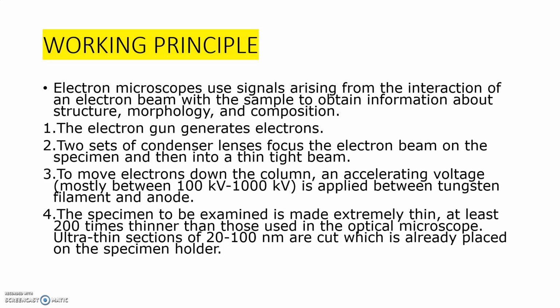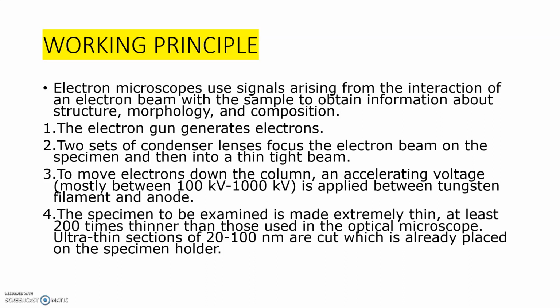Then the electron gun generates electrons, and these come in contact with the sample. Two sets of condenser lenses are used to focus the electron beam on the specimen and form it into a thin, tight beam.